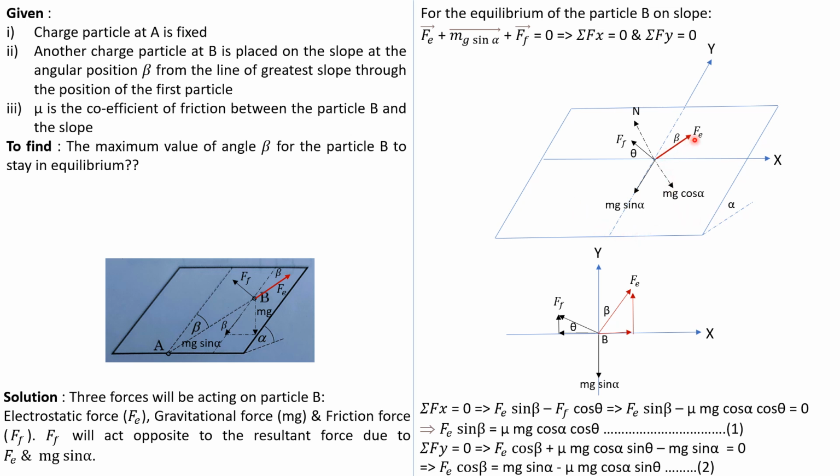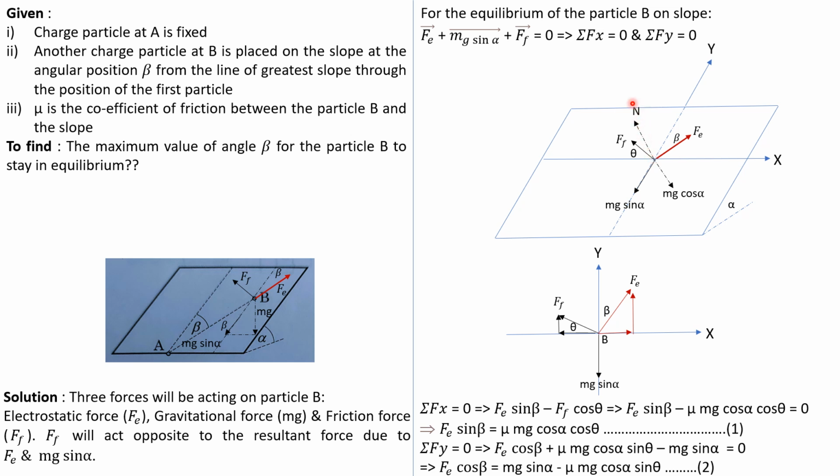This diagram has been made for convenience to understand. This is Fe, the electrostatic force. Beta is this angle. Friction force is acting along this. We say that theta is the angle that the friction force makes with the x-axis. Mg sine alpha is in this direction.